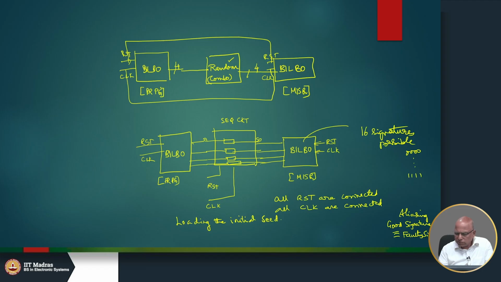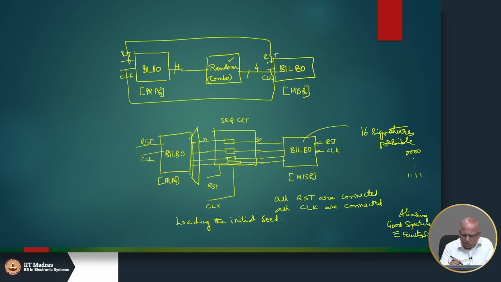In the same way, this BILBO, if it is only 4 bits, then there is a fairly good chance that a faulty and a good signature will match. But if I am willing to take a much larger BILBO, let us say 8 bit, 16 bit, then the chances are lower. And as I explained to you earlier, we could also include a phase shifter.